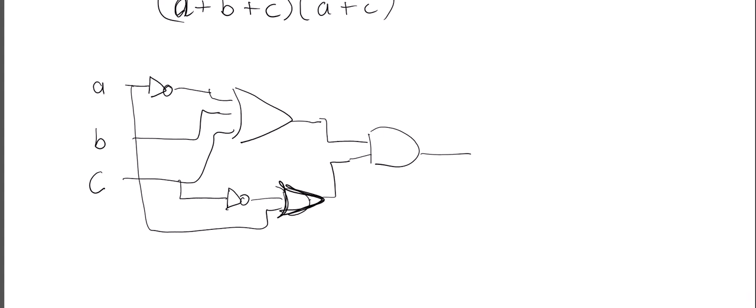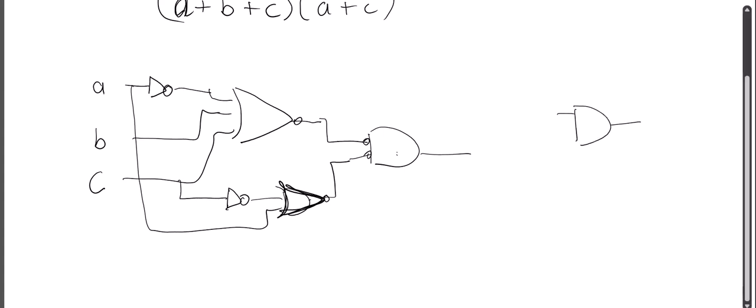So the first thing I do is I put a bubble here and a bubble here because those cancel each other out. And a bubble here and a bubble here, and those cancel each other out. The reason I do that is that turns this into a NOR, because if you put bubbles on all the inputs of an AND, that makes a NOR, with the same number of inputs.